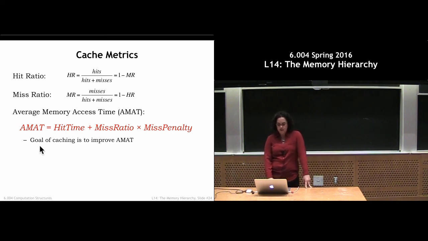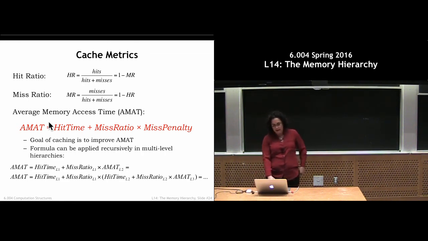Okay? So this gives us a sense of how we can go about measuring how well we're doing. And we can give ourselves target average memory access times, and in order to achieve those targets, it might make some predictions on what kind of hit rates we need to have in our cache so that things work as we expect.